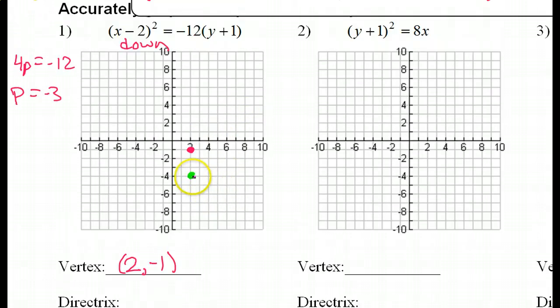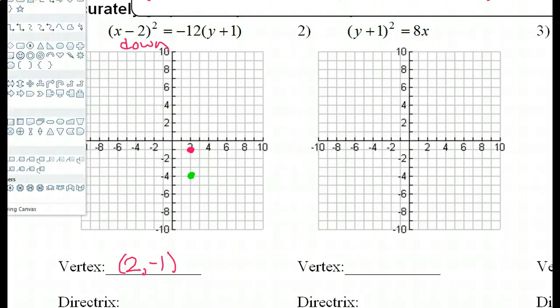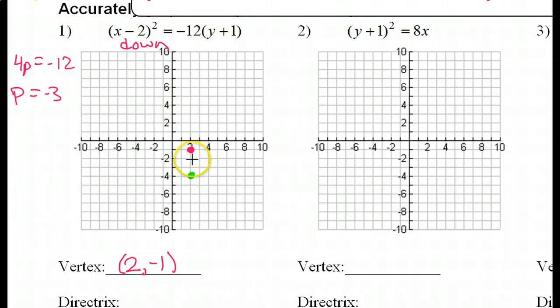Now, the directrix is a line that's going to be on the opposite side of the vertex. If I go 3 down, that's the focus, so if I go 3 up, that will be my directrix. So 3 up from here, that'll be right here at 2. This will be my directrix.